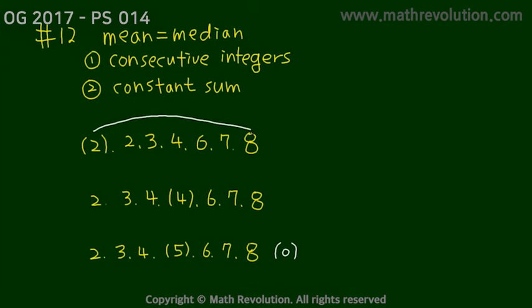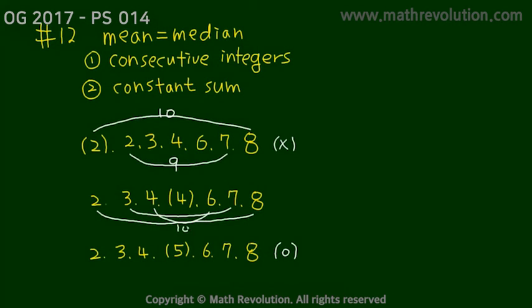Now let's look at the first one. The sum of 2 and 8 is 10, but the sum of 2 and 7 is 9. So the first option does not work, it's insufficient. Let's look at the second one. Now this one has a constant sum. 2 plus 8 equals 10, 3 plus 7 equals 10, and 4 plus 6 equals 10.